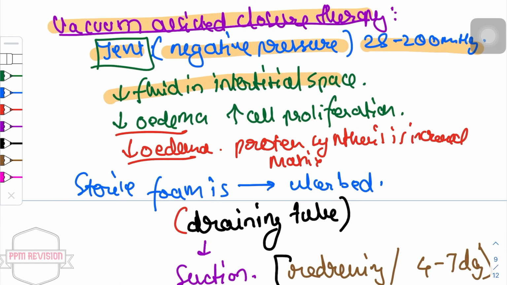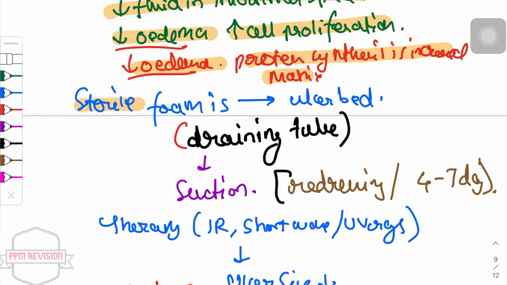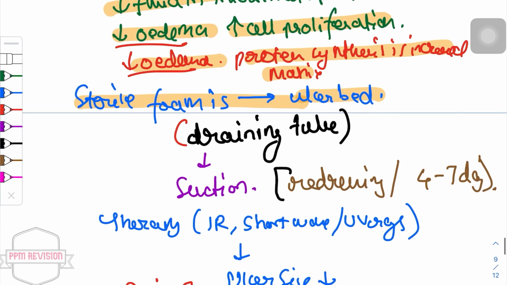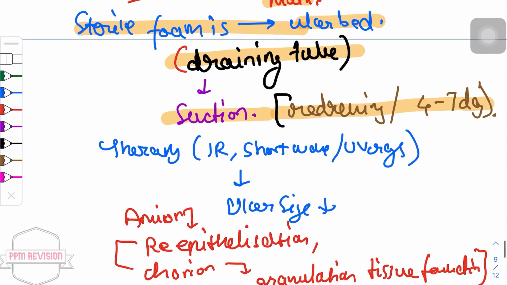There is decrease in fluid in interstitial spaces, decrease in edema, increase in cell proliferation, and protein synthesis is increased. Sterile foam is used in the ulcer bed. A draining tube is used to drain the pus and is connected to a suction machine, and dressing is carried out every 4 to 7 days.